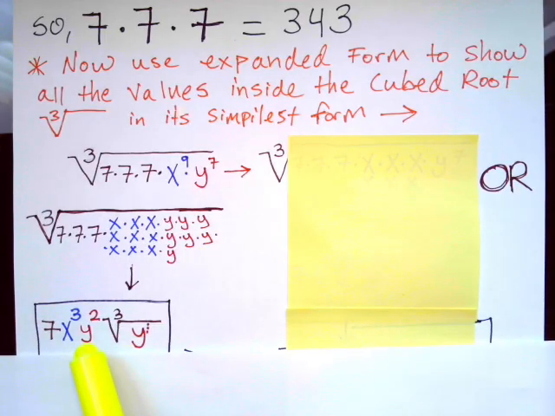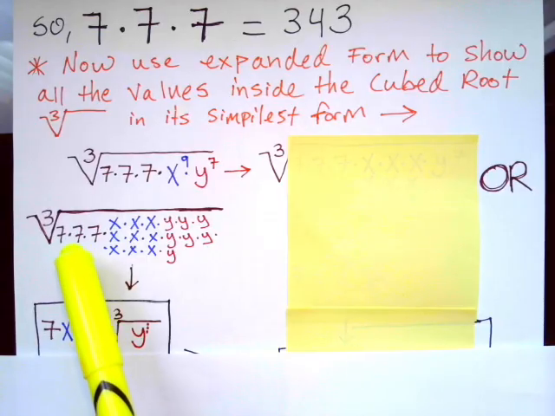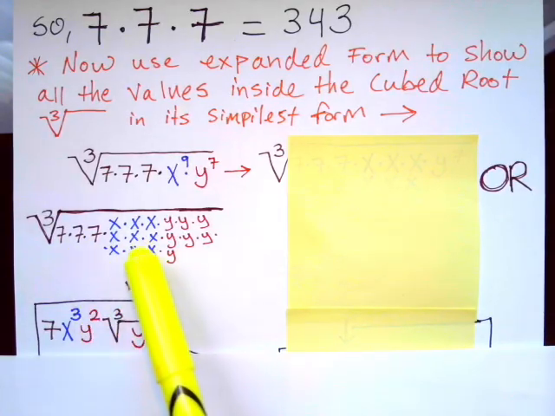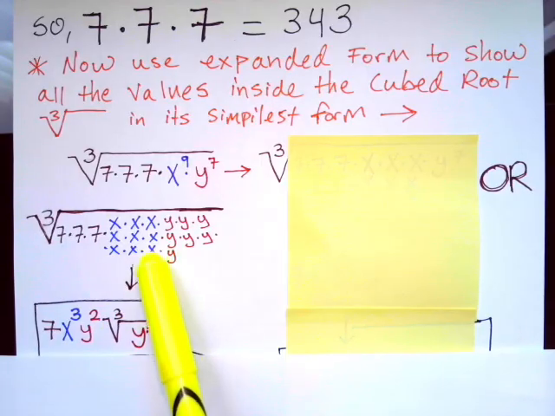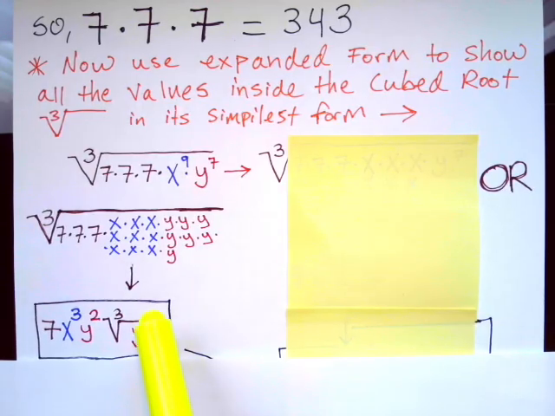Y to the second power. So again, I have three 7s and can pull one out. I have three groups of x's, that's x to the third power. Y to the second power right here. But I'm left with an individual y inside this cube root. So that's one way to solve this particular problem.